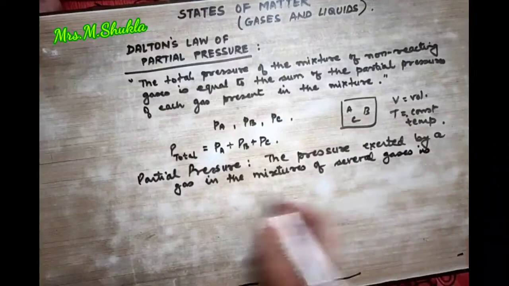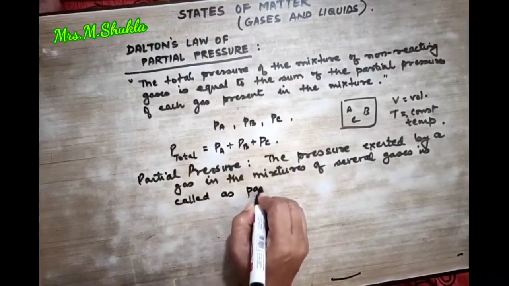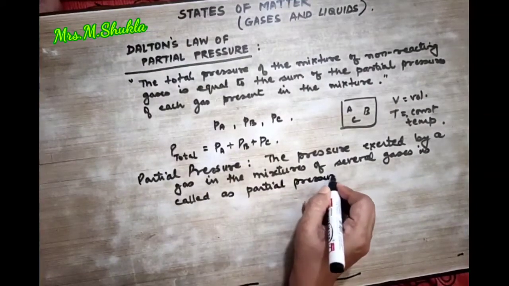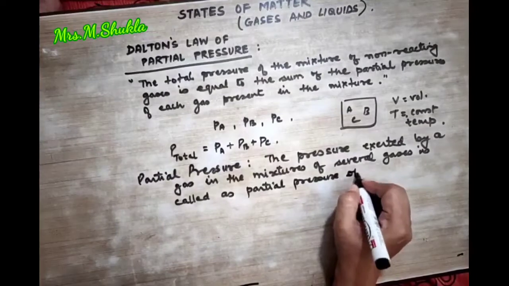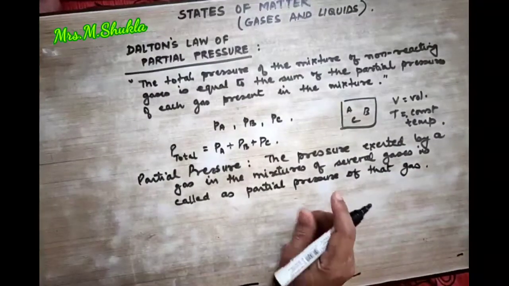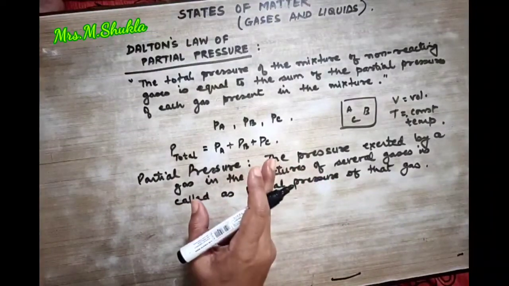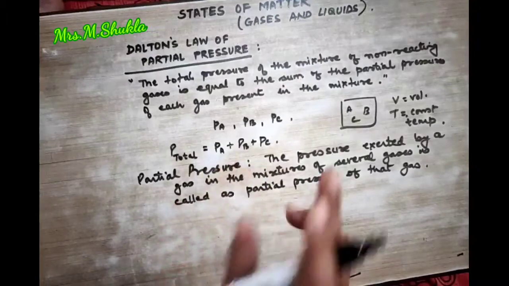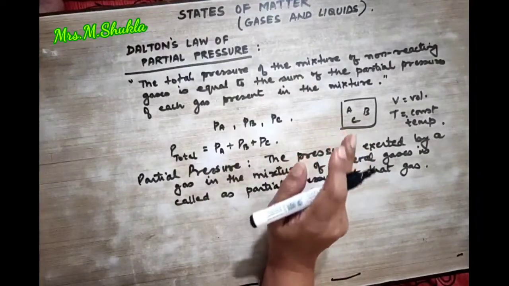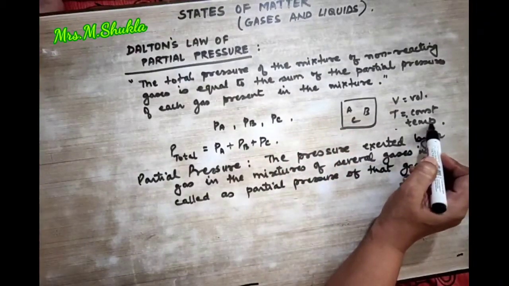This is called the partial pressure of that gas. Clear? Thus, the partial pressure of a gas in a mixture is always equal to the pressure which this gas would have exerted if it was alone taken in the container maintained at the same constant temperature.